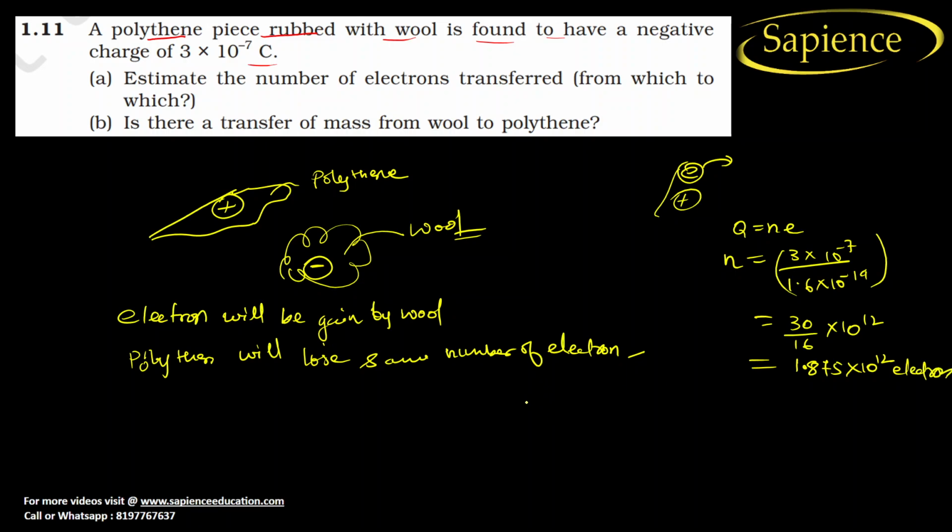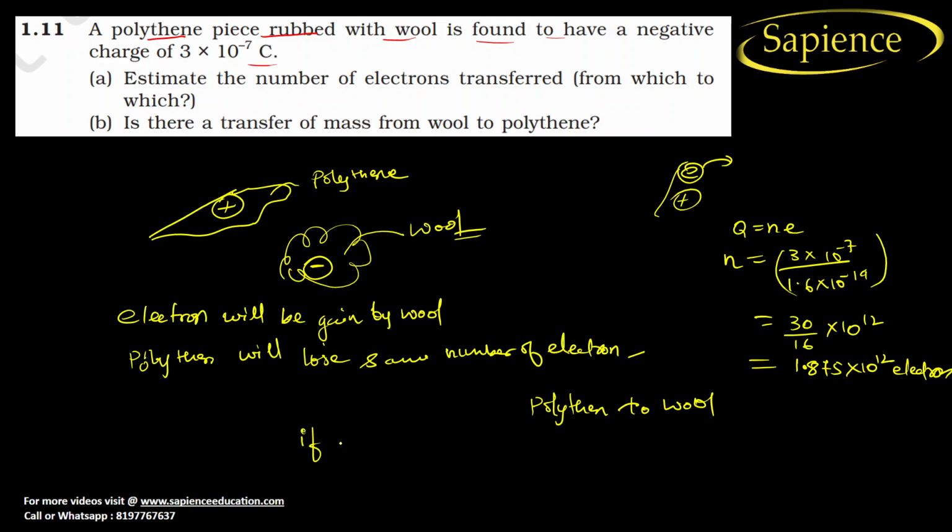So electrons will get transferred from polythene to wool. Is there a transfer of mass to the wool? Yes, definitely.